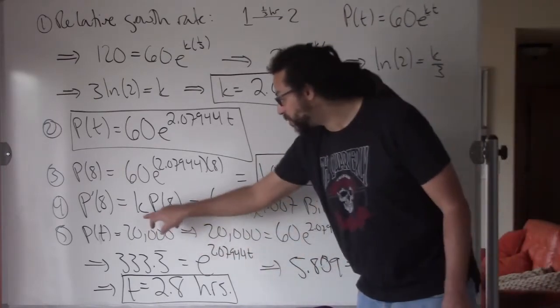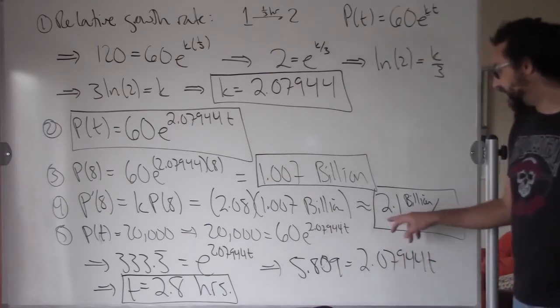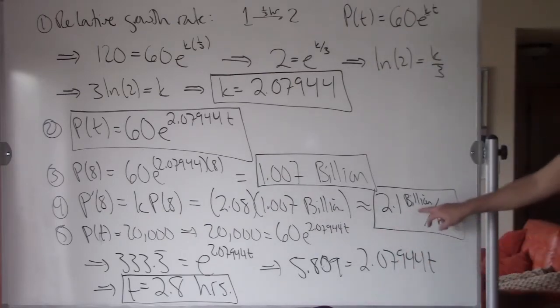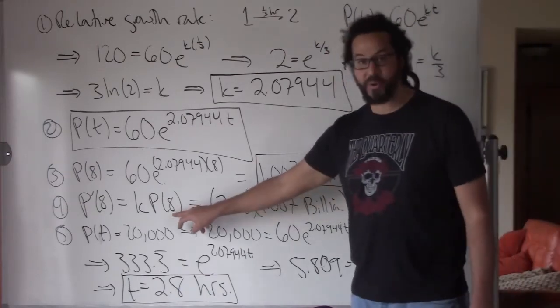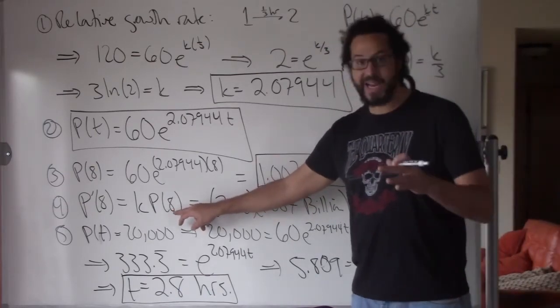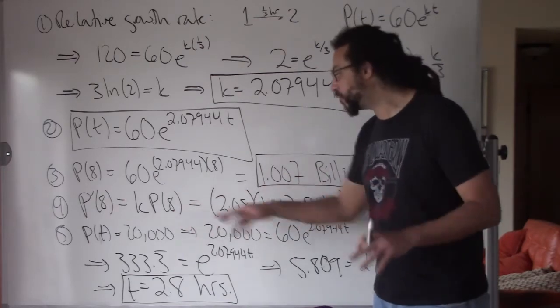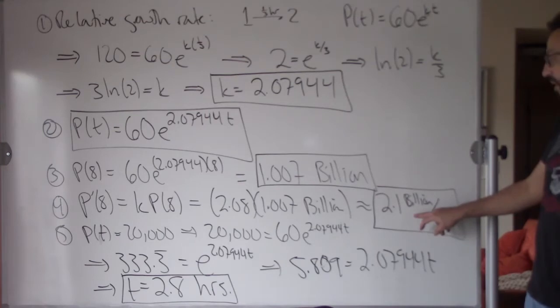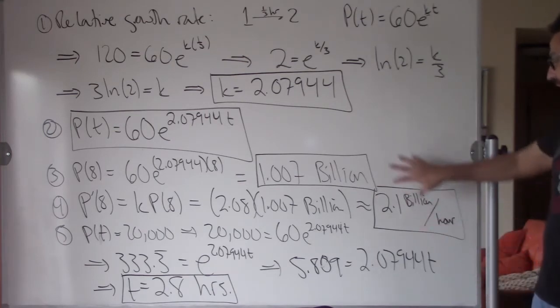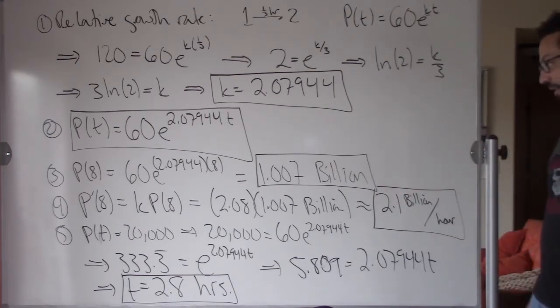So you just need to multiply those things together, and then you get roughly 2.1 billion cells every hour. The instant at 8 hours, right? So at 8 hours, we can roughly assume that after 9 hours, we will add another 2.1 billion. So roughly after 9 hours, we might be closer to 3 billion.